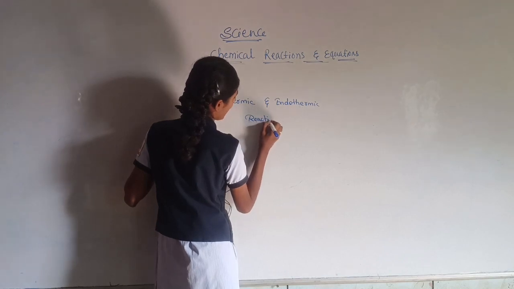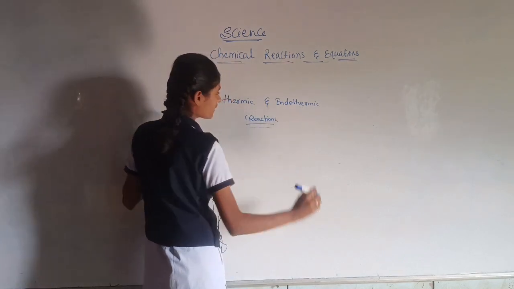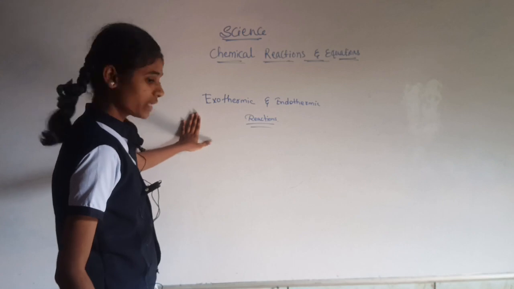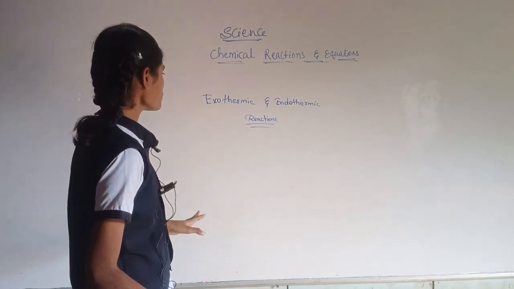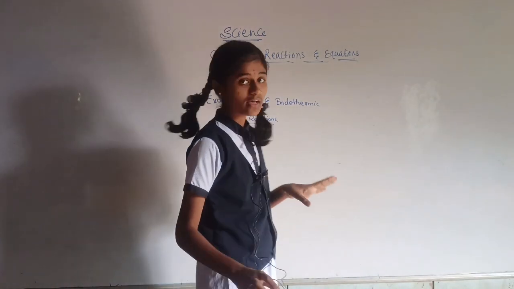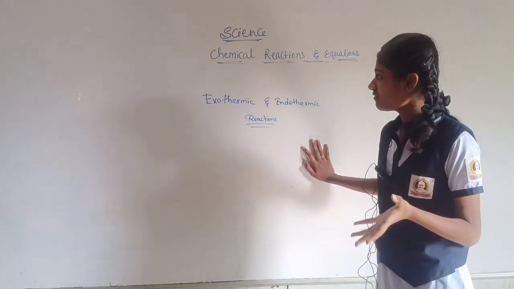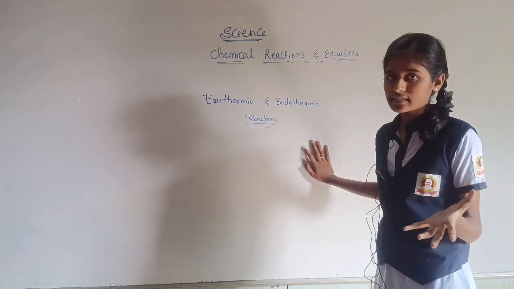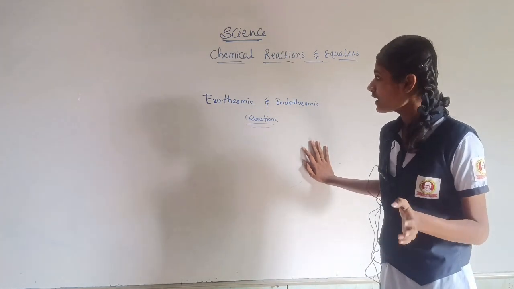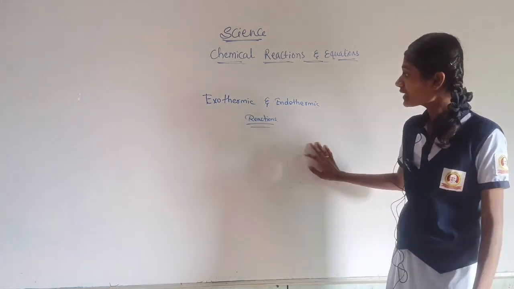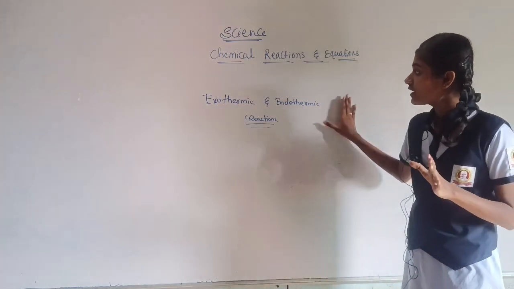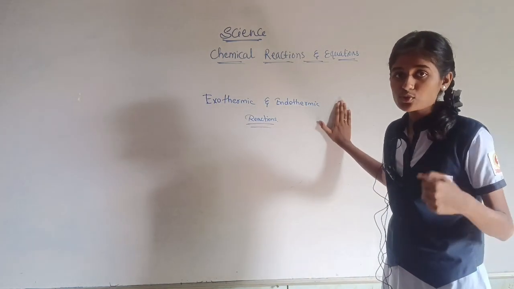So what do these reactions mean? Exothermic reactions are those in which energy is released in the form of heat or light. Whenever more heat or light is released during a reaction, such reactions are called exothermic. And endothermic reactions are those in which energy is absorbed.